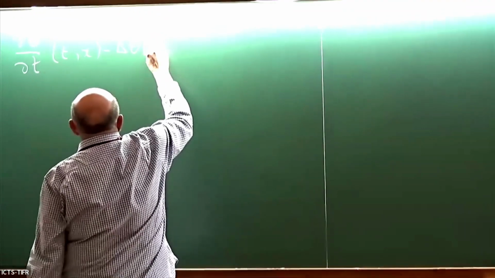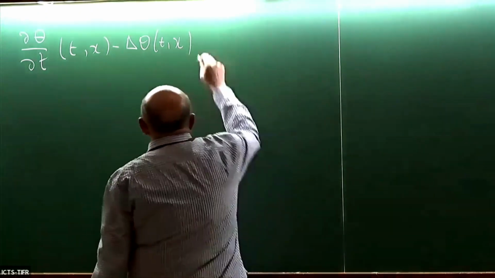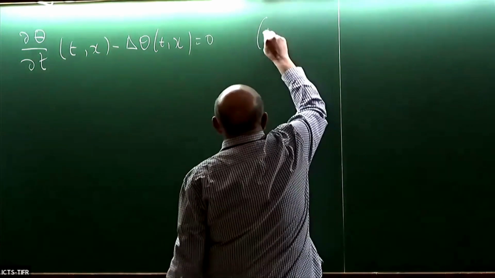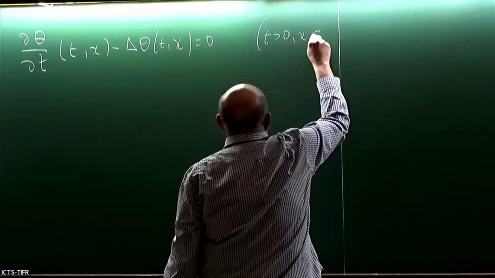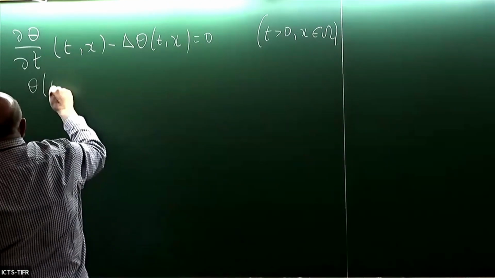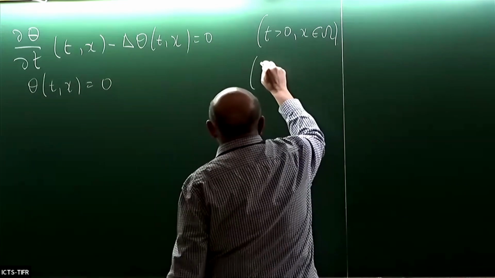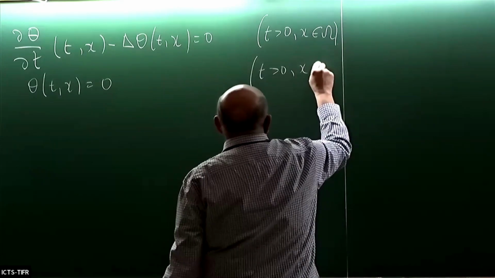So it's a generalization of the very simple example I have written at the left. This is for t positive and x in an open bounded set omega. Theta of t, x is equal to 0 if t is larger than 0 and x is on the boundary.